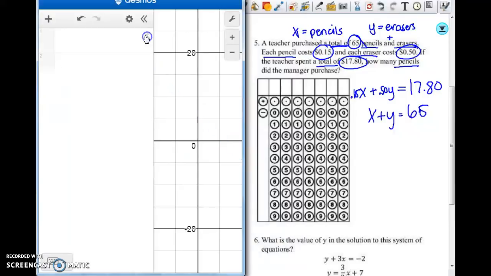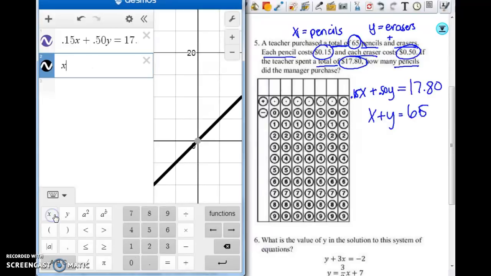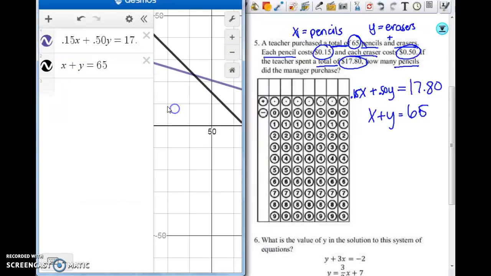So it's 0.15x plus 0.50y equals 17.80. And then the next one was x plus y equals 65.